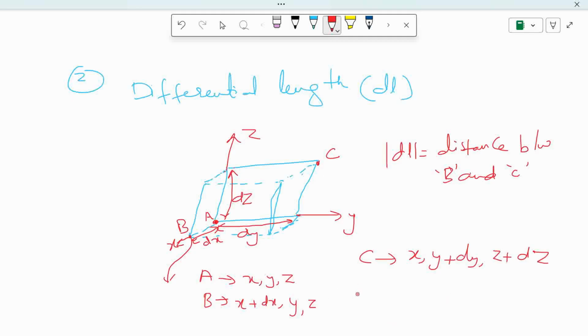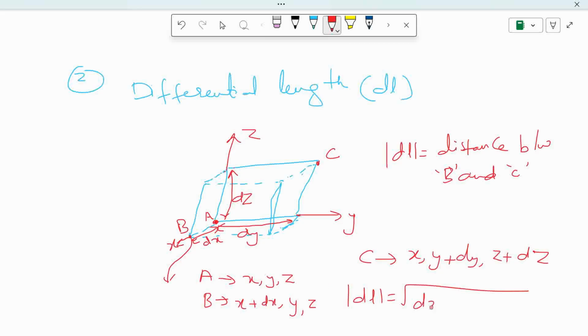So now the magnitude of dl is nothing but the distance between these. So when we do that, the distance between B and C is the square root of (x2 minus x1) whole square, that is x plus dx minus x whole square.